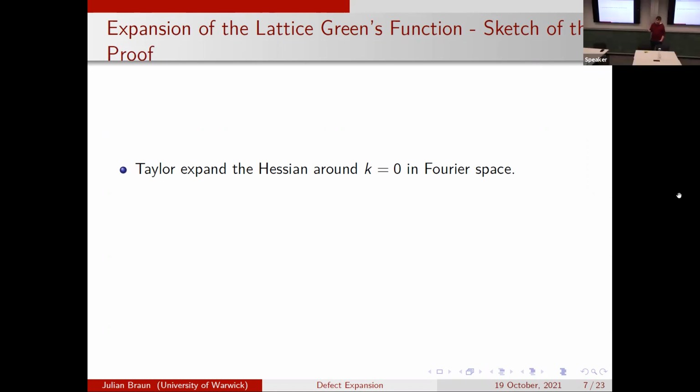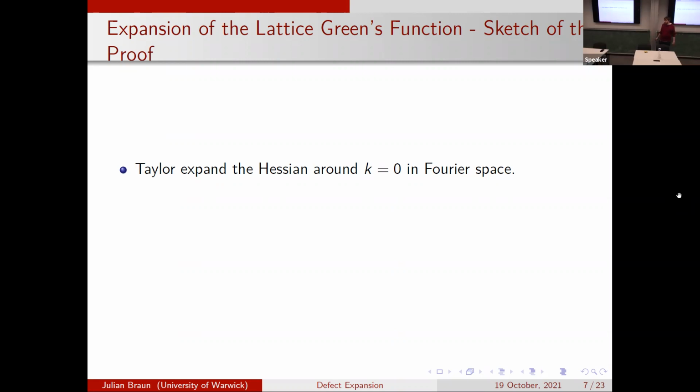In Fourier space, all you need to do is take an inverse to solve linear elliptic equations, right? So this is much easier in Fourier space. You take the Hessian, you put it into Fourier space, you Taylor expand, and the Taylor expansion, well, k close to 0 means you're looking at long distances in real space, right?